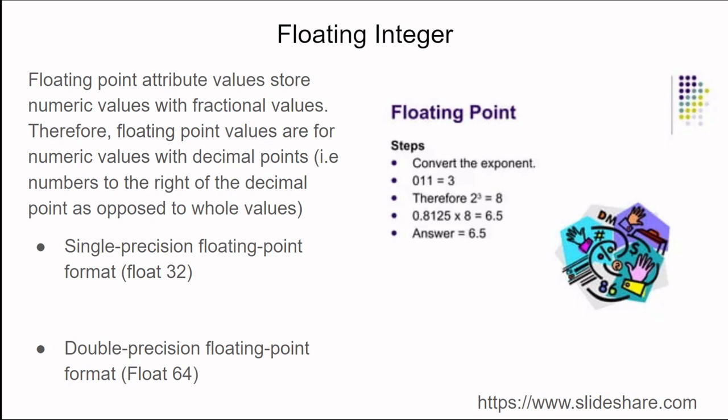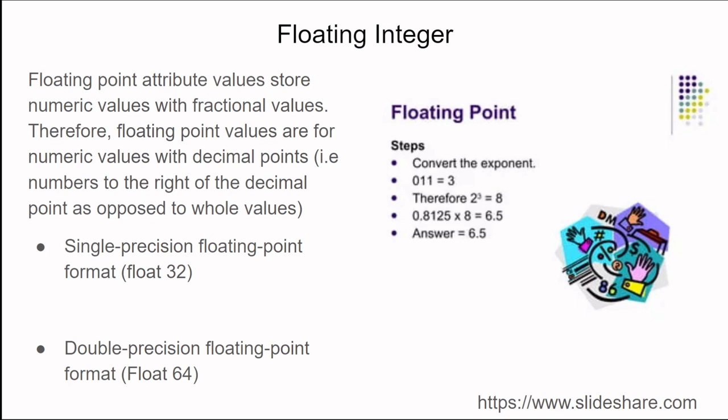One other thing that I want to draw your attention to is the fact that in computing, the float is actually stored in two ways. One is the single precision floating point format. This format is stored on the computer and it consumes 32 bits of memory. And then there's also double precision floating point, which consumes 64 bits of memory.